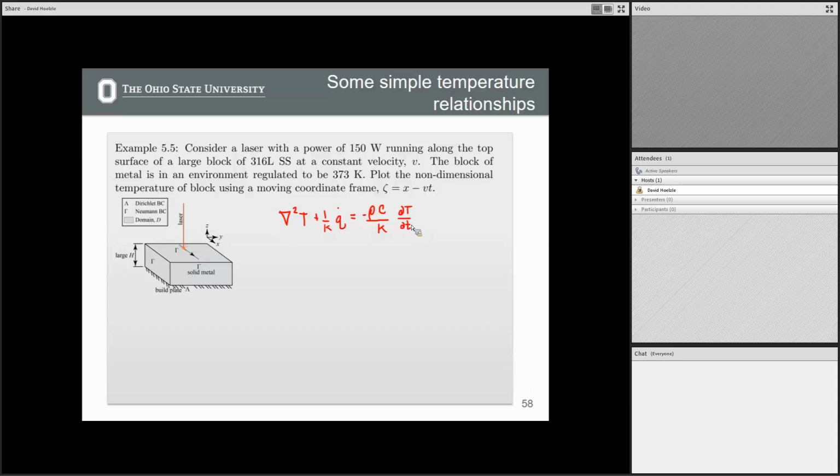The diffusion equation for the unit cell. This Q, we're assuming very simple characteristics for the laser source. It's not distributed at all. We have Q equal to the power times the Dirac delta function.